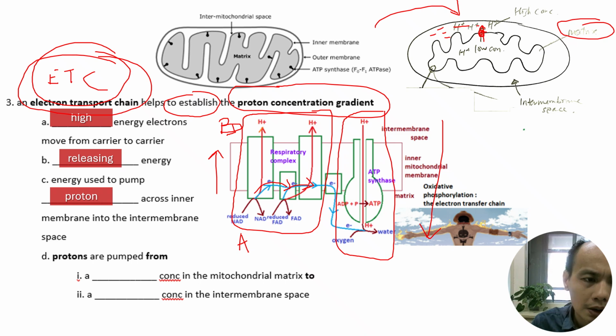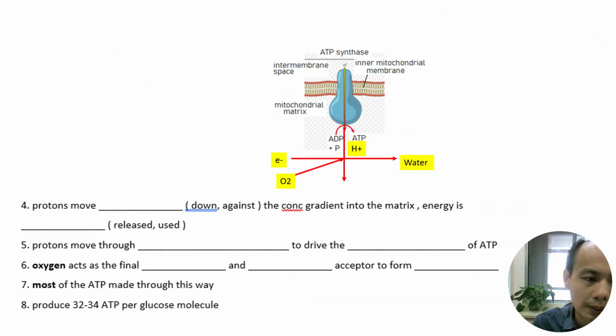So when the electron is being moved from one protein carrier to another, energy is released here, and the energy released is used to pump the hydrogen ion from A to B. The protons are pumped from low concentration in the matrix to a higher concentration in the intermembrane space.